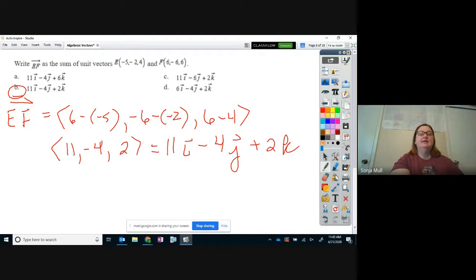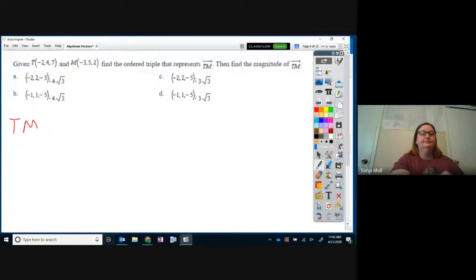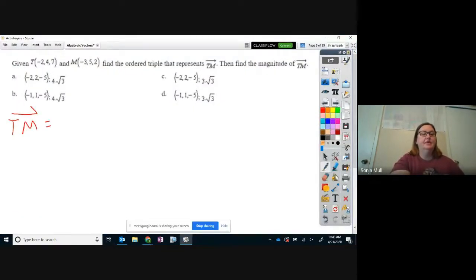I wanted to talk about finding a vector given 2 points in 3 dimensions, and about the unit vectors. Okay, find vector TM. That's exactly what we just did, and then find the magnitude. For vector TM, I'm going to take out a few steps here.